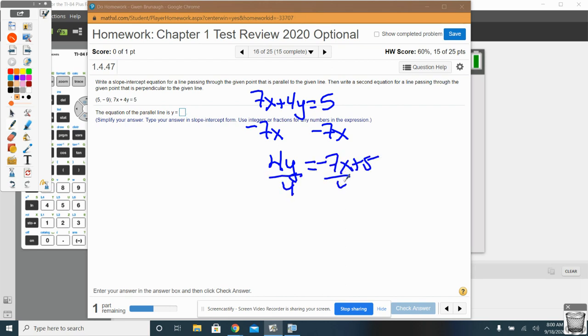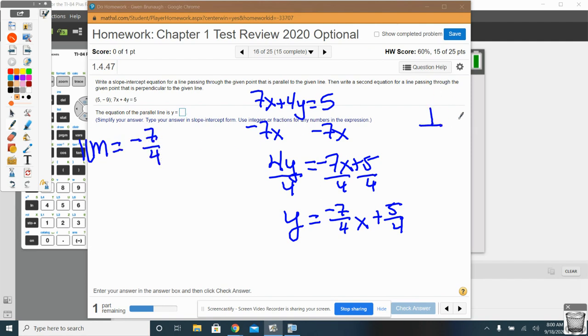Divide everybody by 4, and I get y equals negative 7/4 x plus 5/4. So for my parallel line, I'm going to get the same slope, which is negative 7/4. For my perpendicular line, I'm going to get the opposite reciprocal slope, which is positive 4/7.